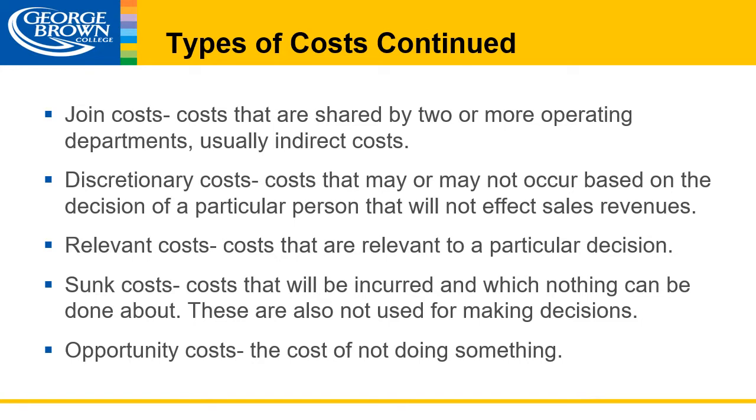We also have sunk costs, and these are costs that will be incurred, okay, but nothing can be done about, and as such, they're typically non-relevant, so we do not use these in making decisions, okay.